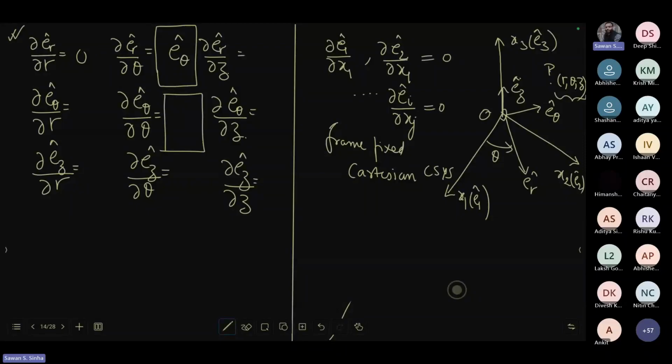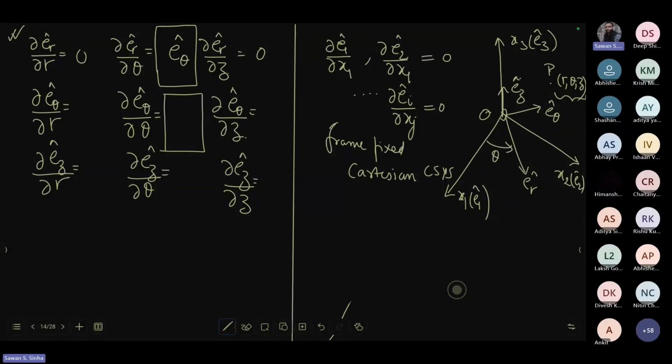In APL 100, you would have derived it. In my problem set 1, I have given one problem in which you will have to derive it again. So that will be a good revision of what you have done. Okay. Then you come to del ER del Z. Del ER del Z, that is still zero. Okay.